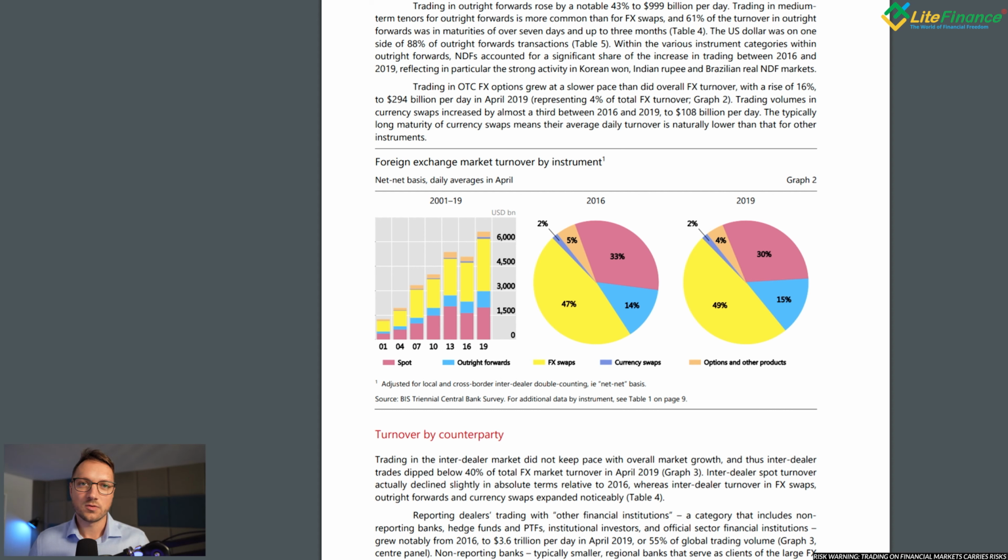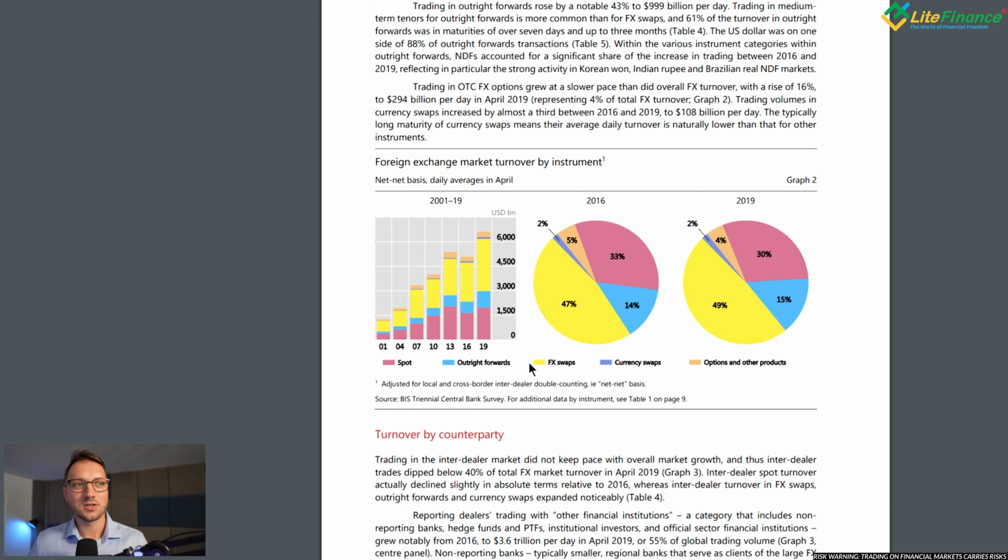These are the data from the Bank for International Settlements from Switzerland, and you can see that, for example, these are the newest data from 2019. The spot transactions were 30%. So you can see that it is only 30% of the market. If somehow you will gather all the data from all of the liquidity providers, all the banks, this will be only 30% of the whole market.